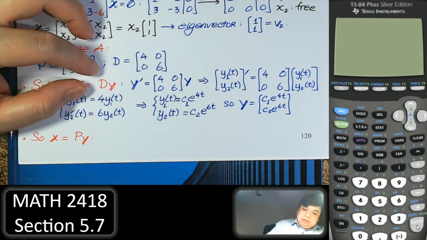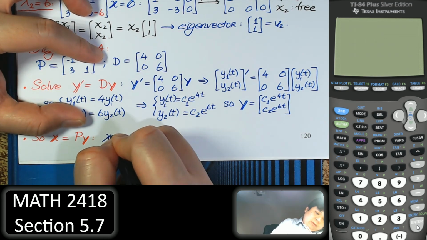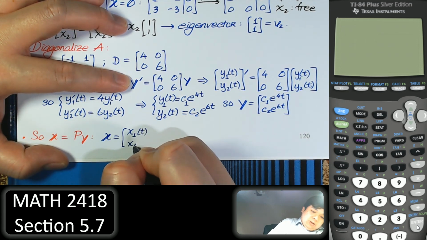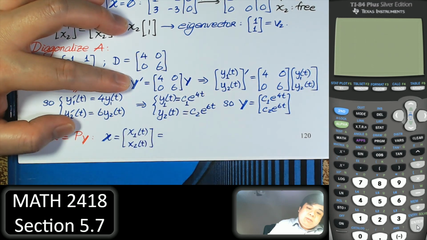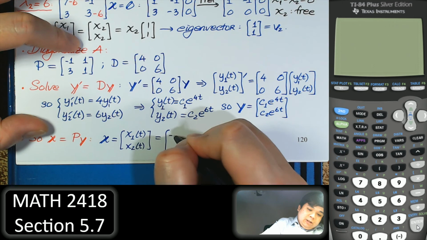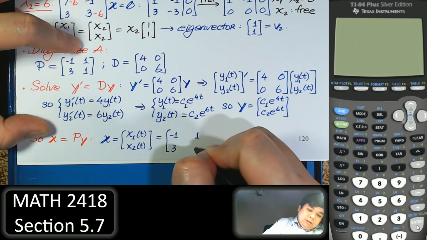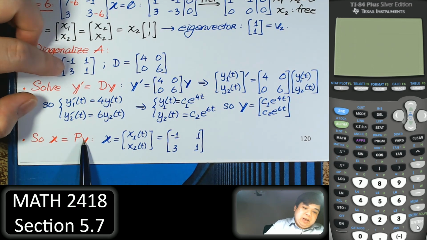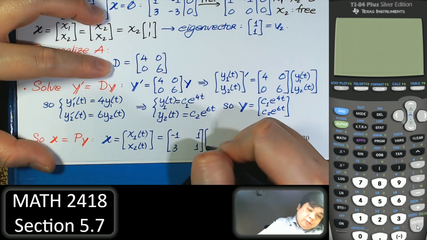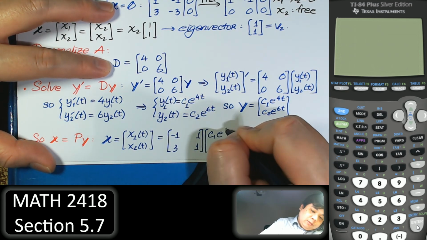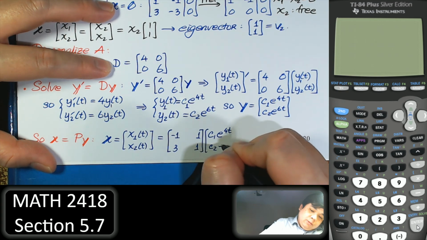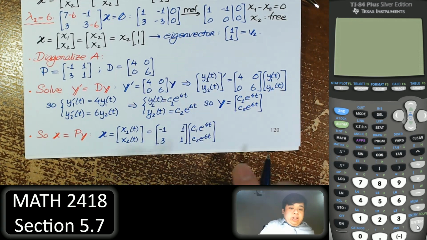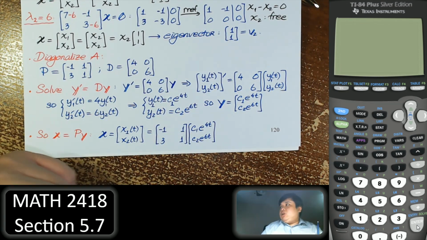So we have X equal x1(t), x2(t) equal to P times Y, P times Y. Of course here we can just multiply the matrix out, but I'm just going to leave the answer as that.